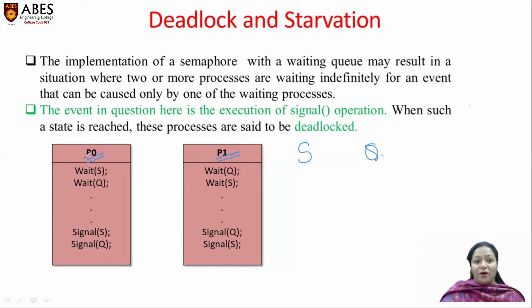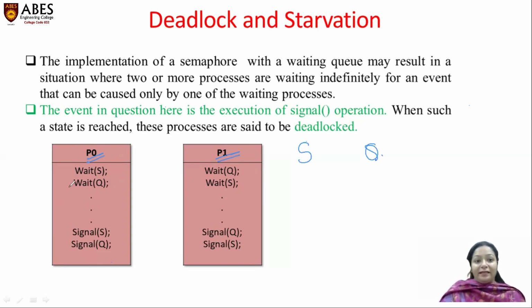So first of all, say for example, process P0 has executed the wait operation on the semaphore S, and at the same time process P1 is acquiring the semaphore Q using the wait operation, right?